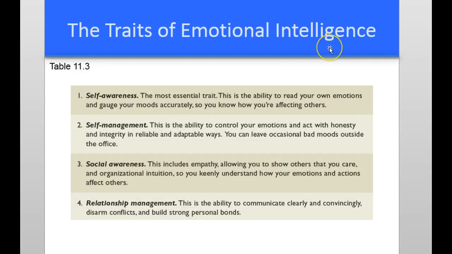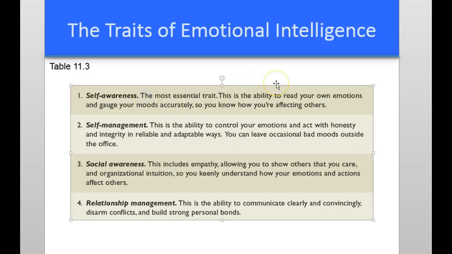The emotional intelligence test, and I'm not sure if we have one. I do have one here at the house I'll bring in. It looks at your self-awareness, and what is your ability to read your own emotions. Do you understand when you're getting angry? Do you understand how to manage that? Self-management, again, goes right back to the self-awareness. Are you aware of what's going on around you socially?